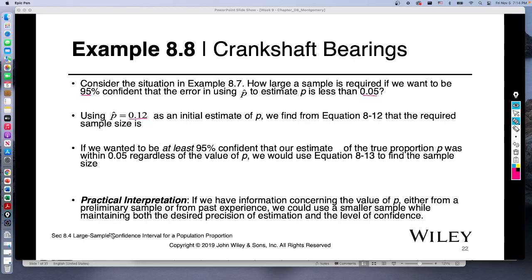Okay, so see what was the formula. Here's our sample size formula. We want the error in estimating p to be less than 0.05. So what do we really need? Well, we would need an n. Again, 1.96 is our z value, z over 2.